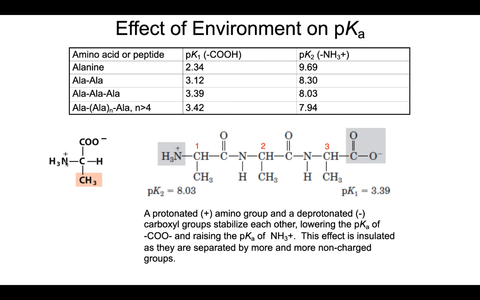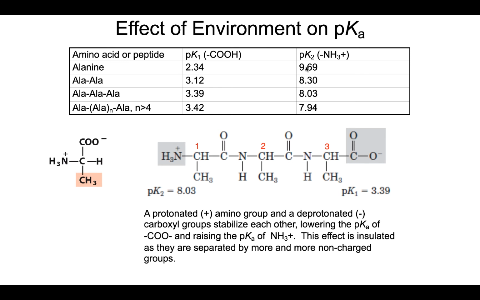So what that means is, in this particular situation, we are stabilizing the deprotonated state of the carboxyl group and the protonated state of the amino group. So we should have the lowest pKa for a carboxyl group and the highest pKa for the amino group.